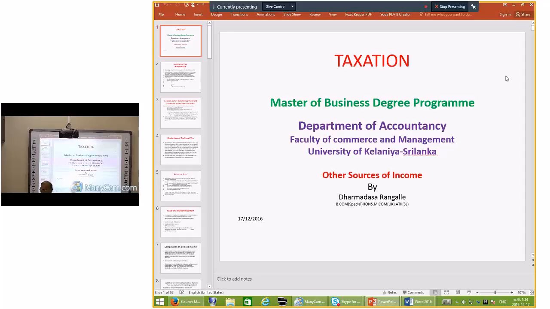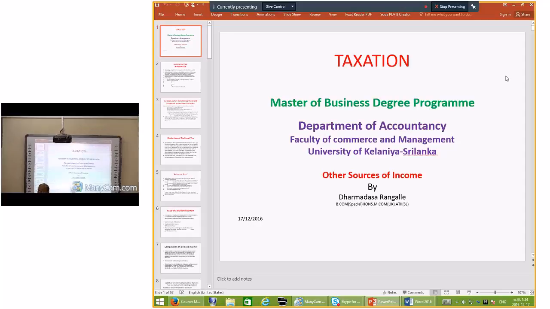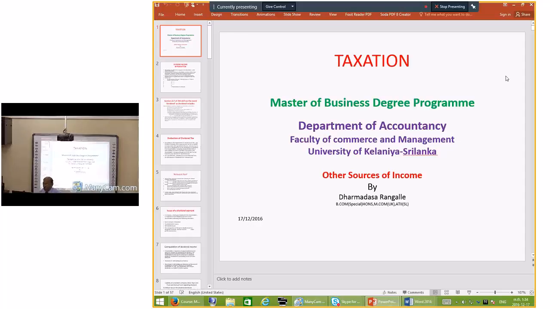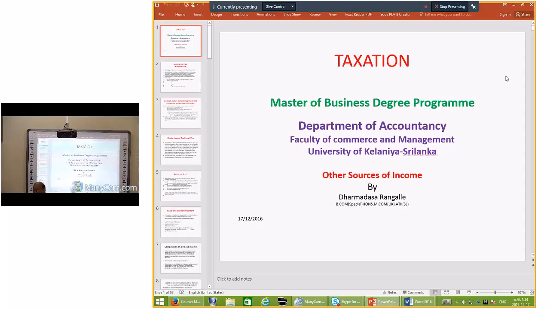Only for knowledge, subsection 25(4) deals with computing the interest income. That means no deductions are allowed in ascertaining the interest income in the case of an individual or partnership businesses. But if interest income becomes part of the business of a trade, bank or finance institution, then all the deductions are allowed.